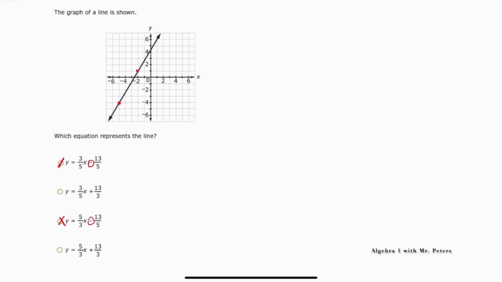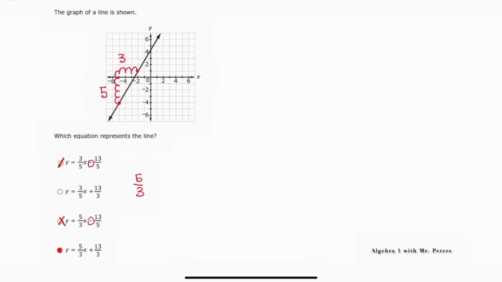And what we need to do is just determine a rise over run. Is it going to be 3 over 5 or 5 over 3? So we're going to go for our rise up 1, 2, 3, 4, 5, and then over 1, 2, 3. So we know we have a rise over run of 5 over 3. So that means the correct answer, or the equation, would be D.